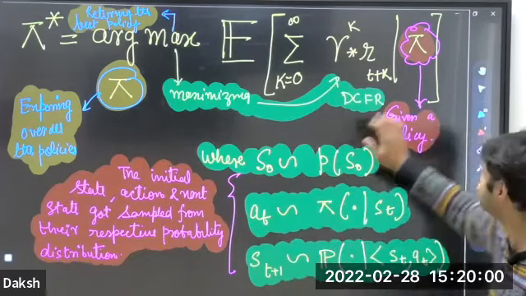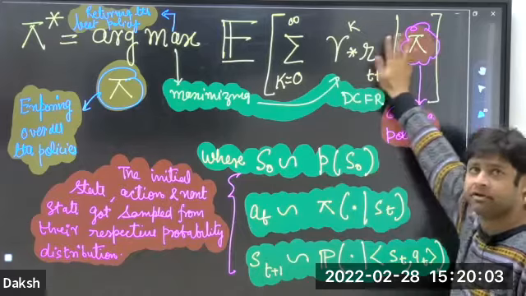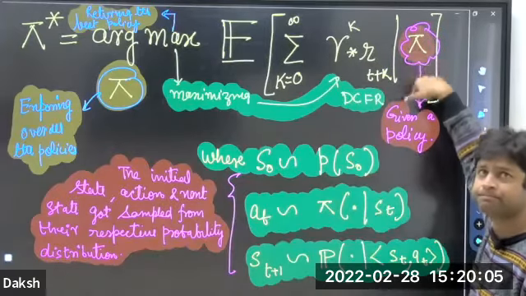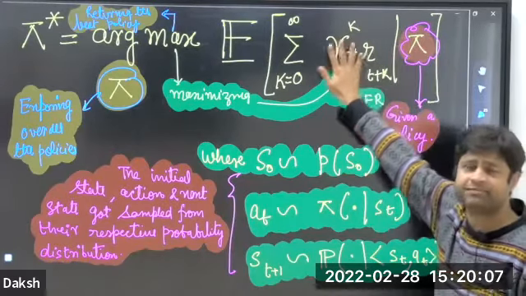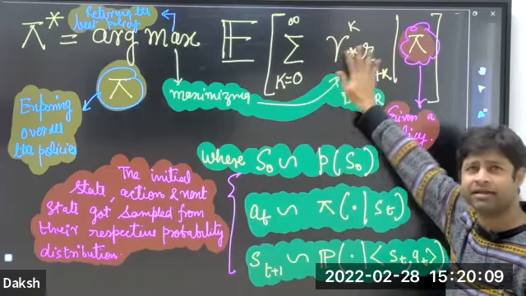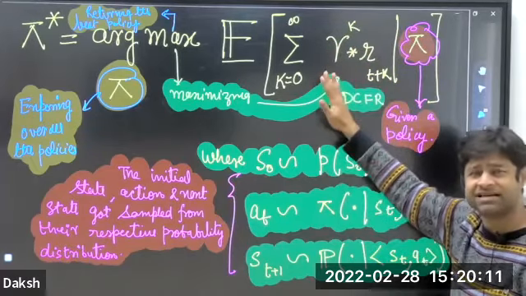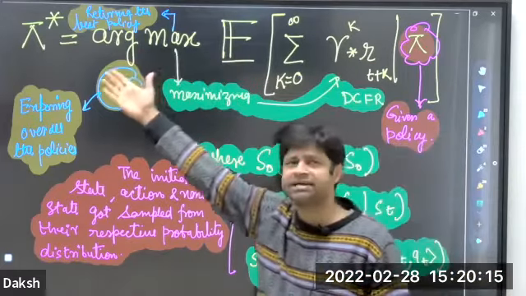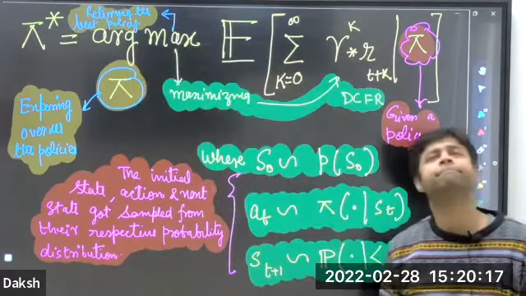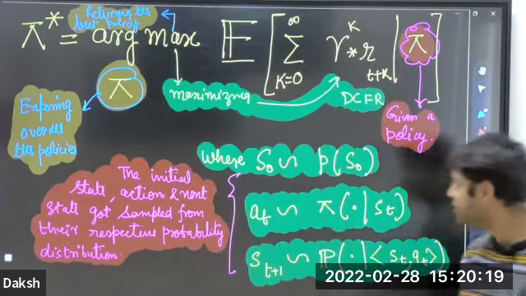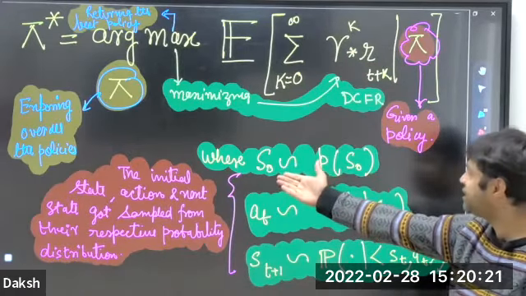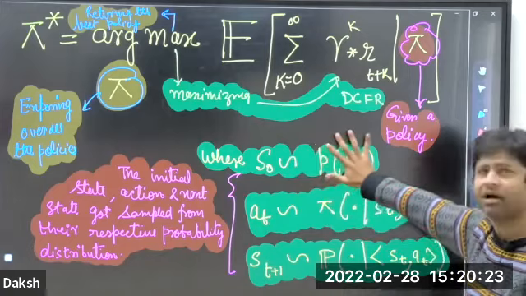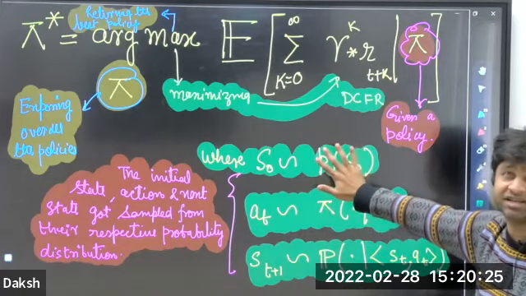How have we written that? For a given pi, what is the expected reward? And then you do it for all the pi's and see which pi is maximizing this term. By the way, your S0, or the initial state, is going to come from a probability distribution of initial states.